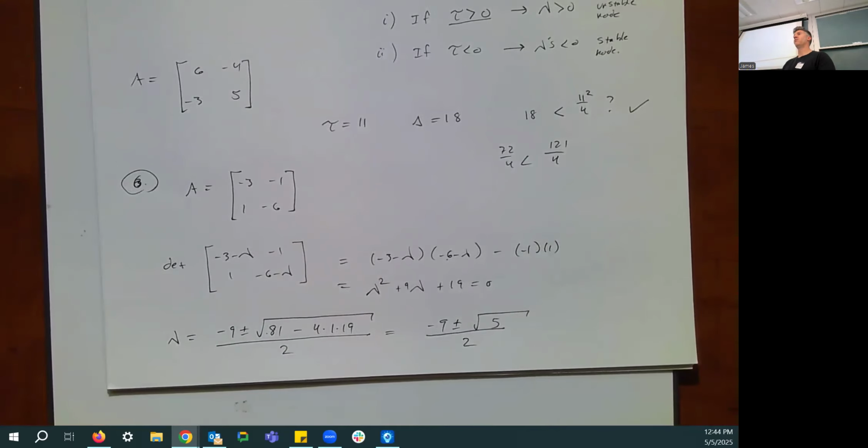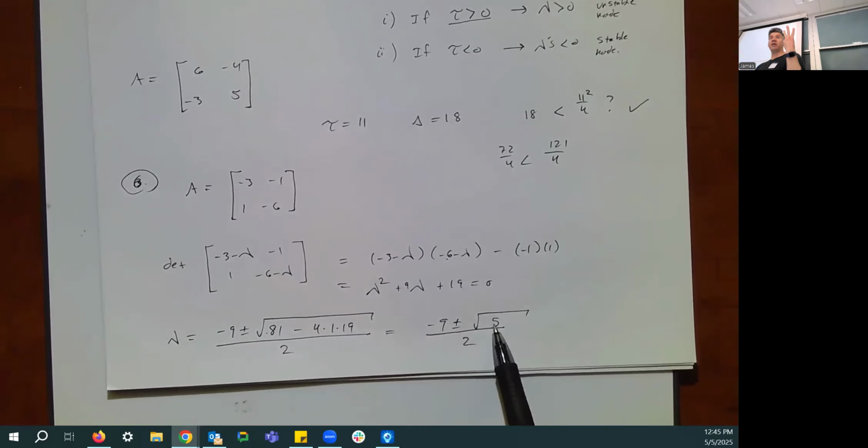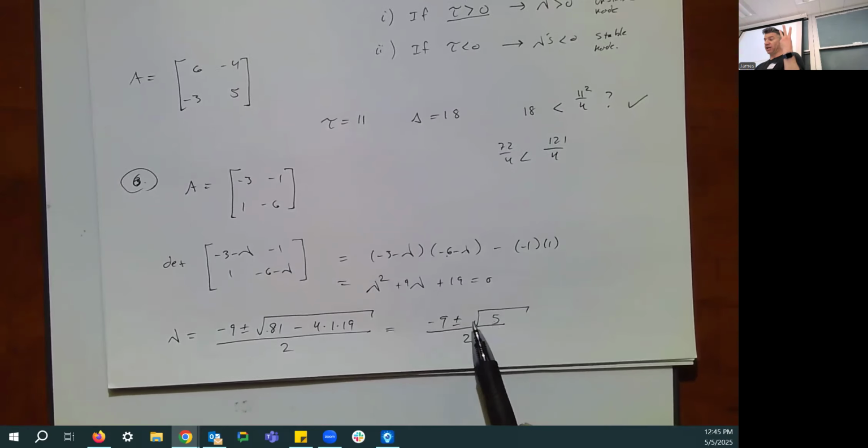Okay, so are they both negative? Are they both positive? Or are they one of each? -9 is -9. Square root of 5 is about, what's it for sure smaller than? Definitely smaller than 3, right? It's for sure smaller than the square root of 9. -9 plus 3 is -6. -9 minus 3 is -12.